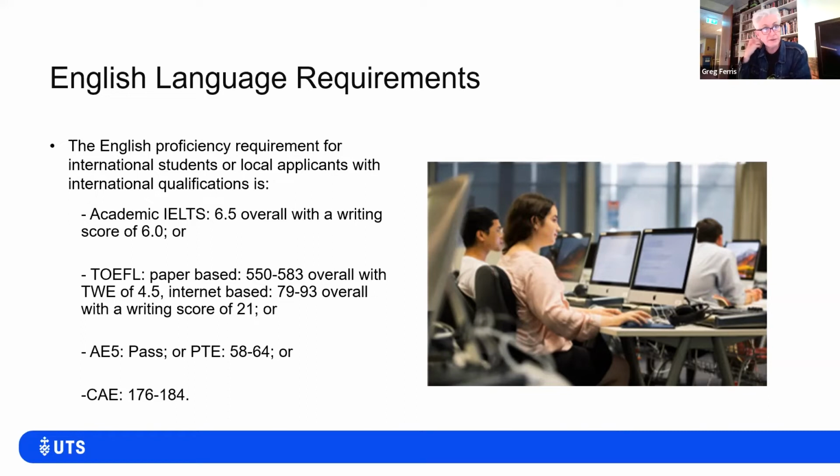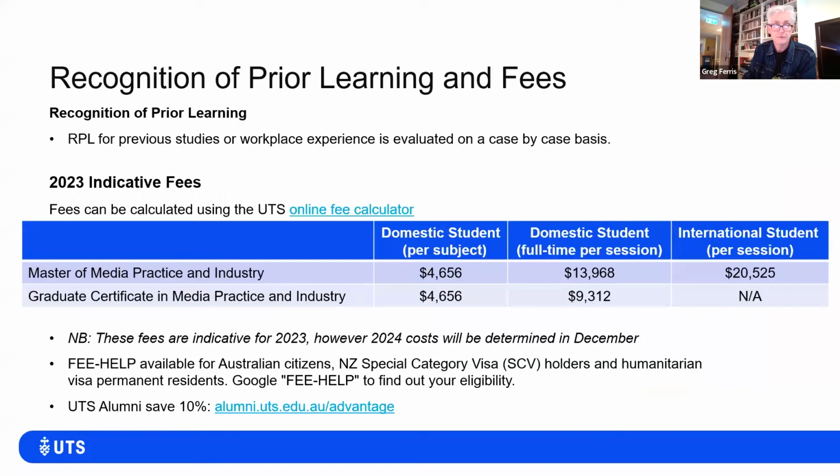So you will be expected to do some writing, but certainly compared to some of the other postgrad subjects on offer at UTS and in our faculty, it isn't as much. We're very much focused on the production and that sort of thing.